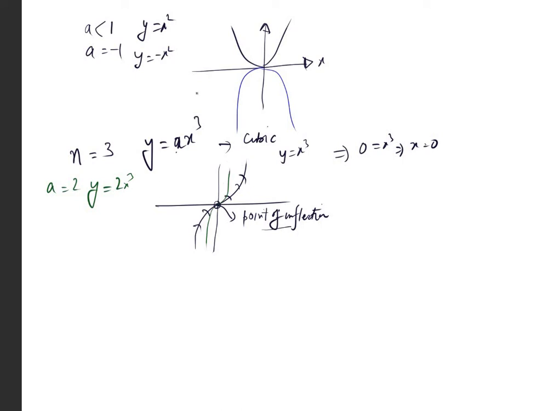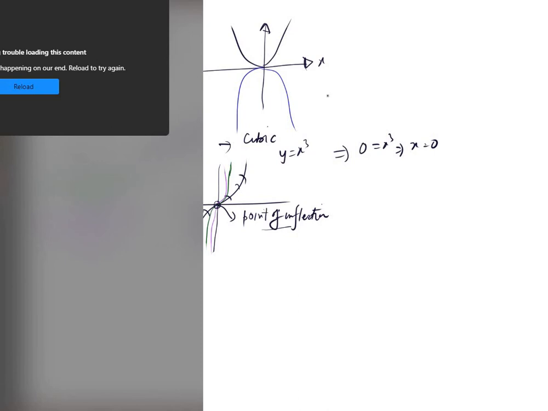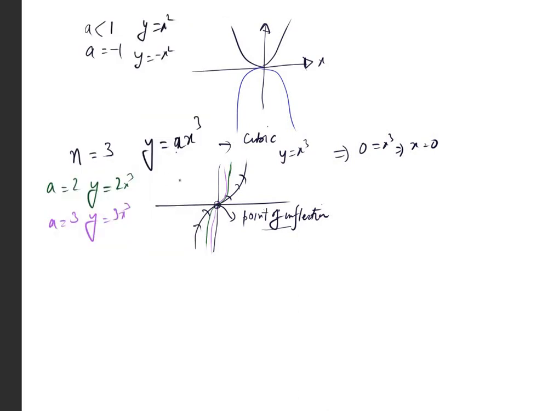It will squish itself towards the y-axis. And let's say my a is 3. So y equals 3x cubed. It squishes even further. Not great cubic. Maybe something like this. Right? So this is how it's going to be.